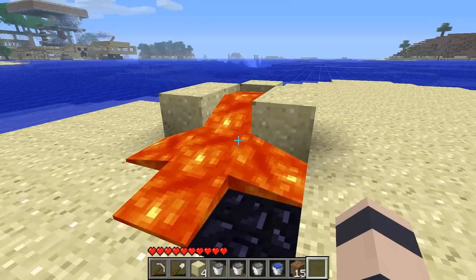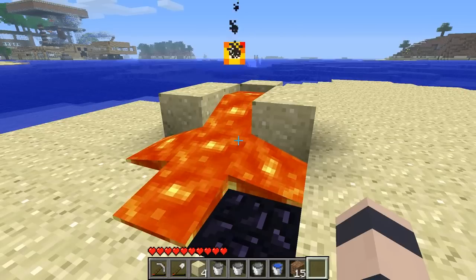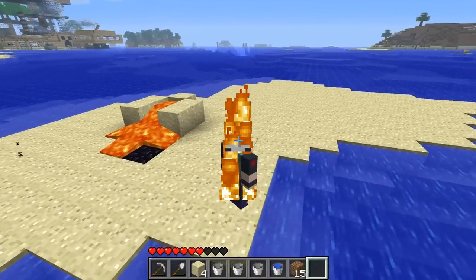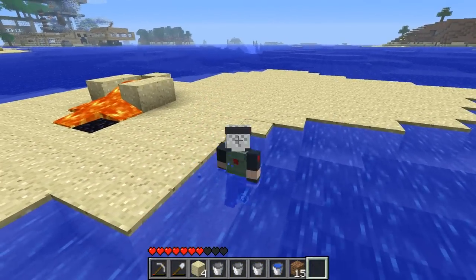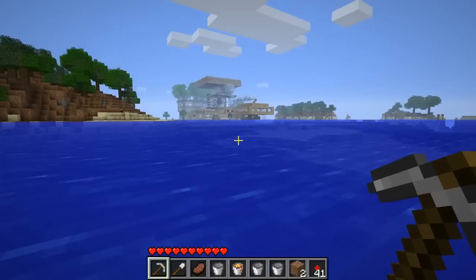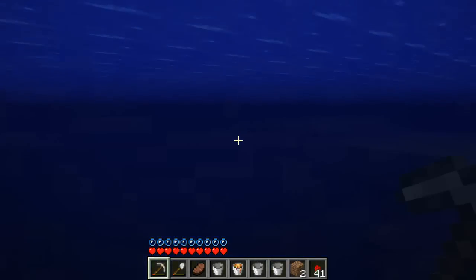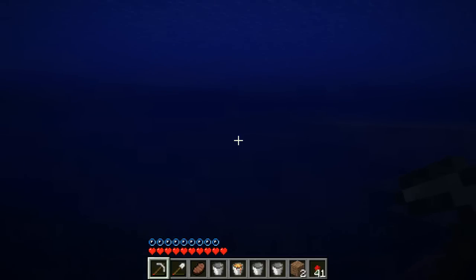Mobs or players that are set on fire can have the flames extinguished by stepping in water. Players and mobs are able to hold their breath for 15 seconds underwater. Except, of course, squid, they can hold their breath forever.